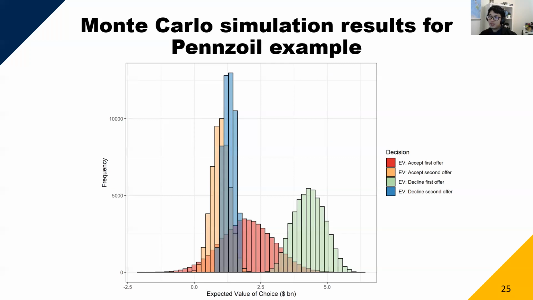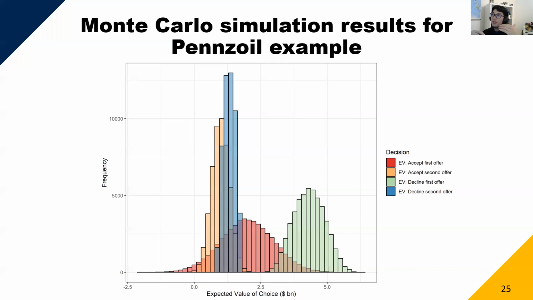Okay, I see a question. Are the grays overlapping decisions? So anytime the overlap is happening, that means there are some combinations of values in the accept versus decline of the first offer where, in theory, accepting the first offer could actually have a higher expected value.